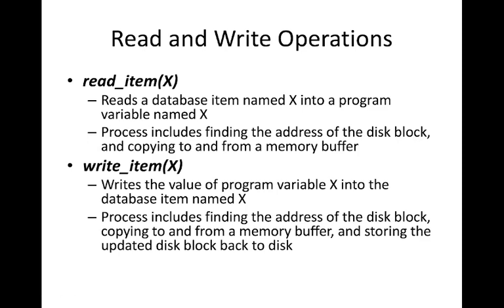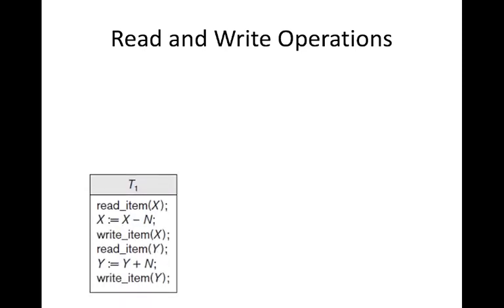So we have to write it into the disk. All this will be considered as write_item(X). These are some of the concepts that we should understand in order to talk about transaction processing.